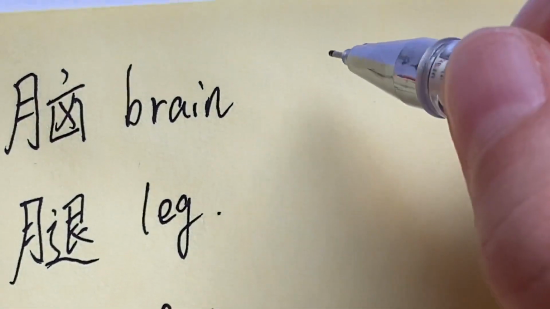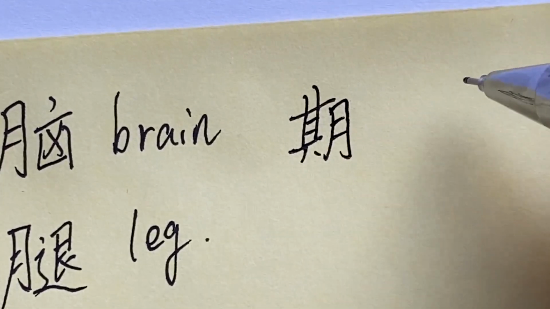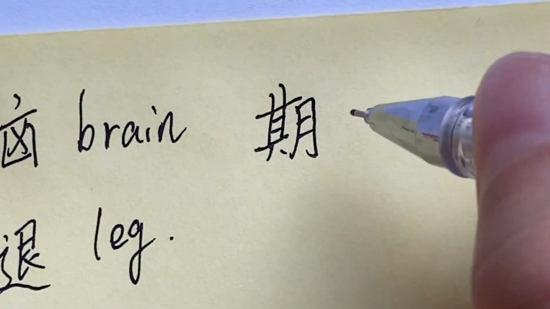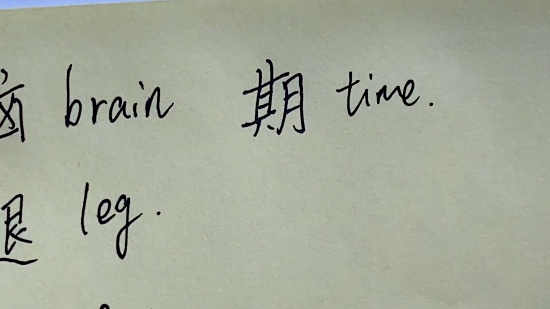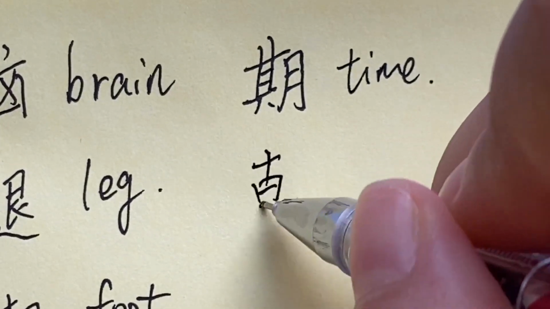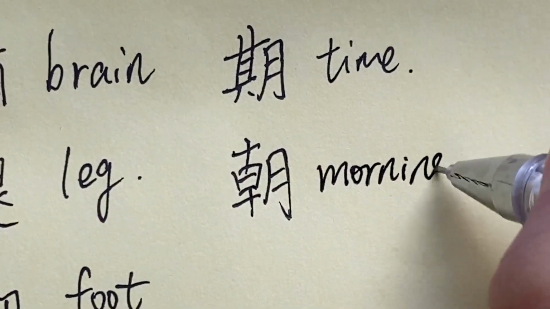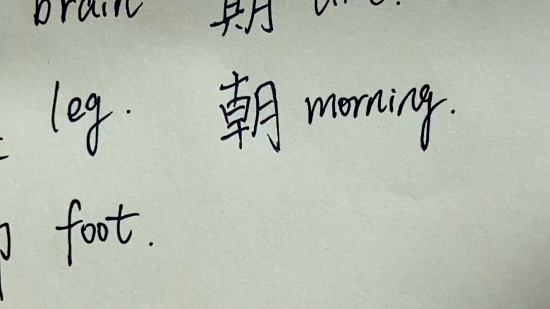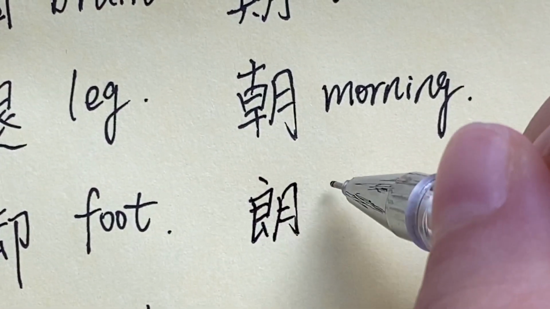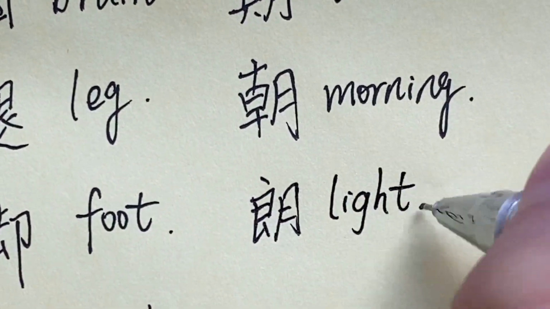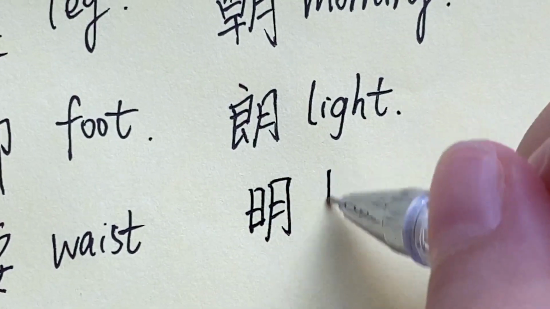For example, 期 a period of time. 朝 means morning. 朗 light. 明 bright.